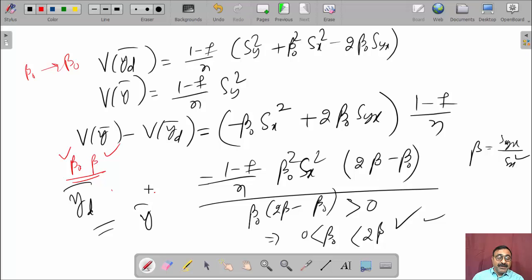If beta 0 deviates from beta more, then the variance is not optimum. If beta 0 is close to beta, then the variance of the difference estimator will be close to its minimum value.